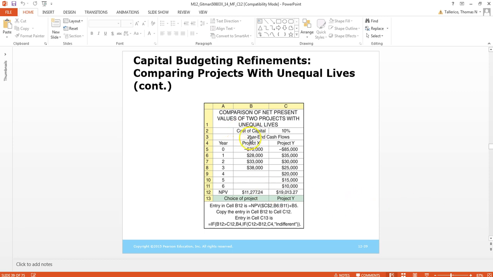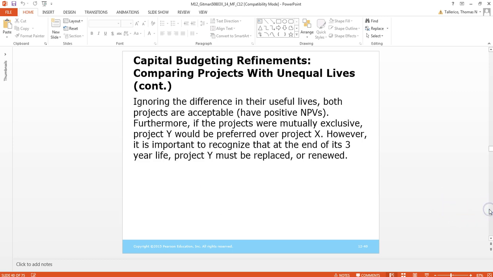Here's the Microsoft Excel version giving you the net present value right there. If you have any questions about using net present value with Microsoft Excel, please let me know. So if we ignore the difference in their lives, both are acceptable and have positive net present values. If the projects were mutually exclusive, project Y would be preferred over X.